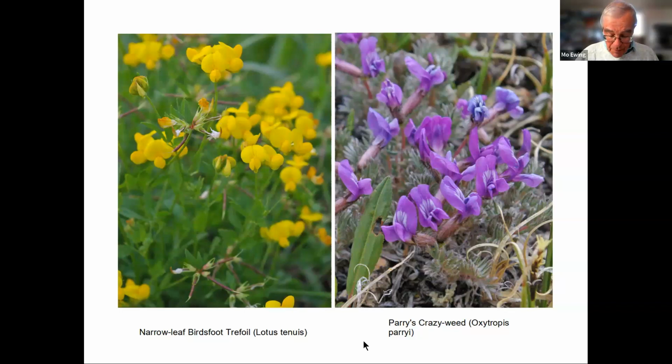In this case, it's parryi. This plant is called crazy weed because it's very poisonous to livestock, and evidently when they eat it, they go crazy and they die. It's very poisonous.